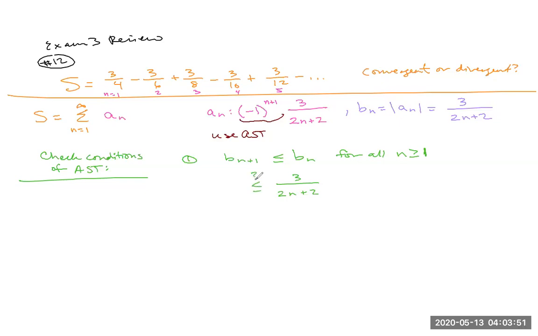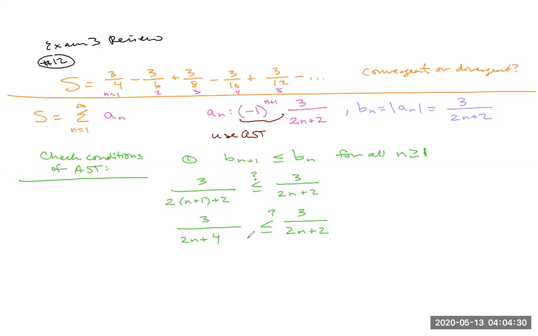You want to check, is that greater than or equal to 3 over 2 times n plus 1 plus 2? So 3 over 2n plus 2 here, plus another 2, it's going to be plus 4. We want to know, is that less than or equal to 3 over 2n plus 2, the quantity, for at least n greater than or equal to 1.